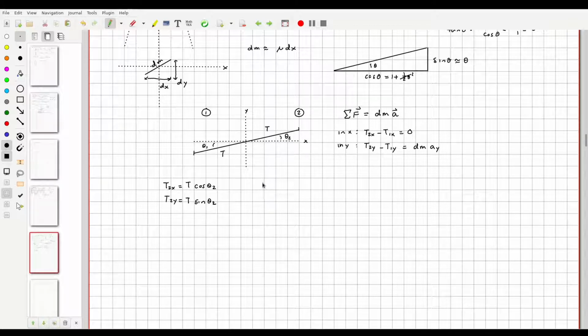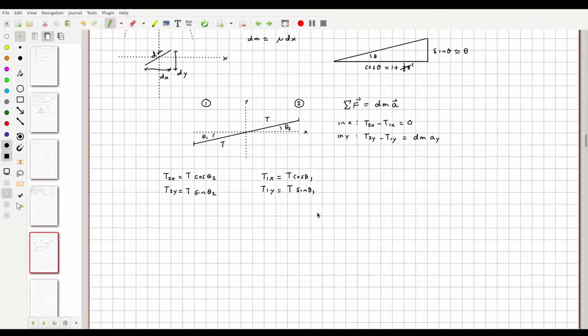Okay, now T1x is going to look like T times cosine of theta 1. T1y is going to look like T times sine of theta 1.